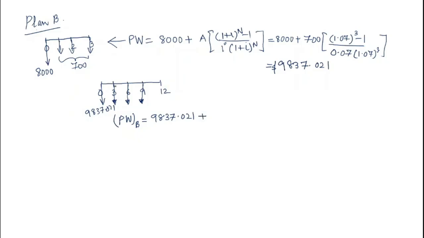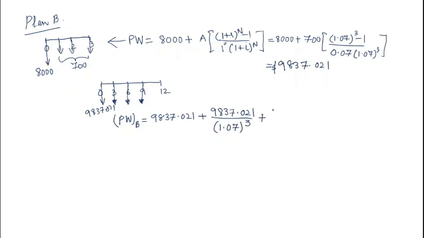Now this is the future worth and we have to compute the present worth, so 9837.021 over, F upon 1 plus i to the power n, so this will be 3.